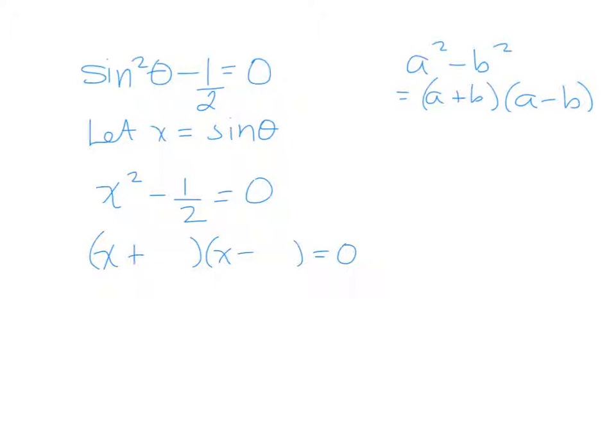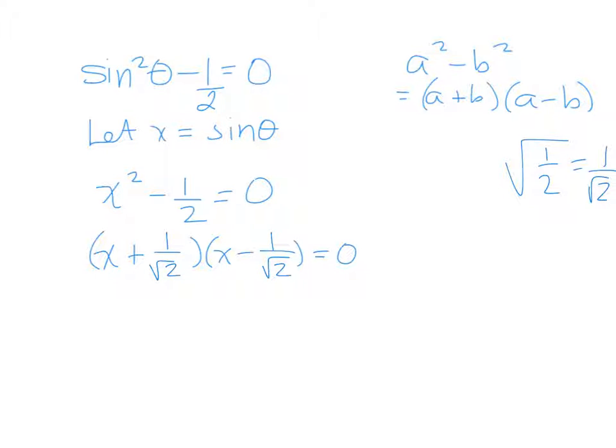So in that blank, we're going to put the square root of 1/2. Square root of 1/2 is equal to the square root of 1, which is 1, over the square root of 2. So I'll do 1 over root 2.